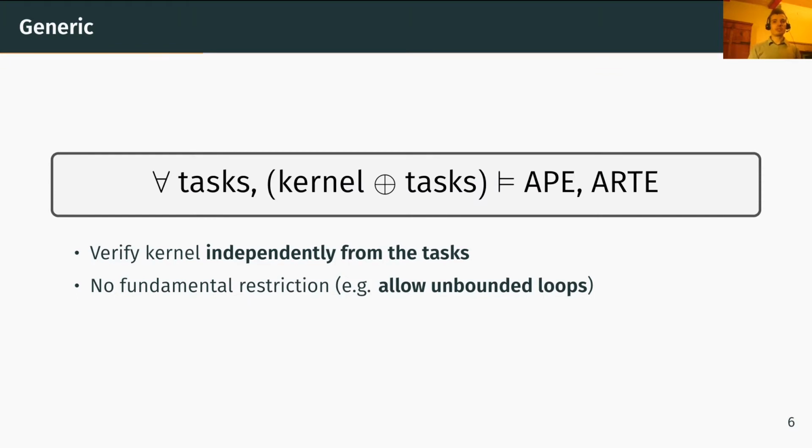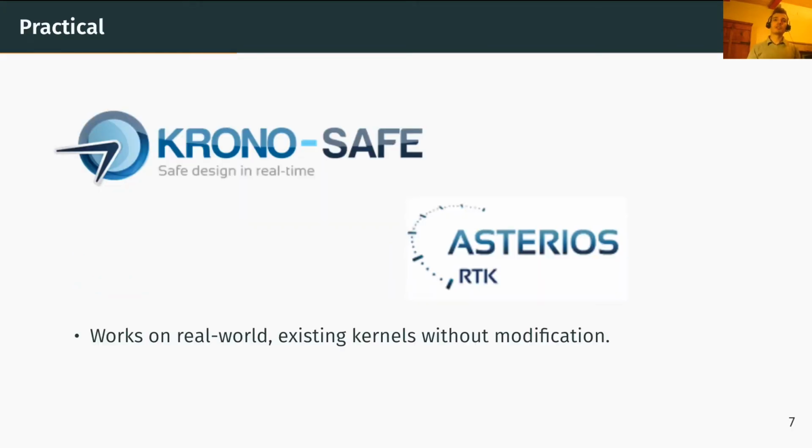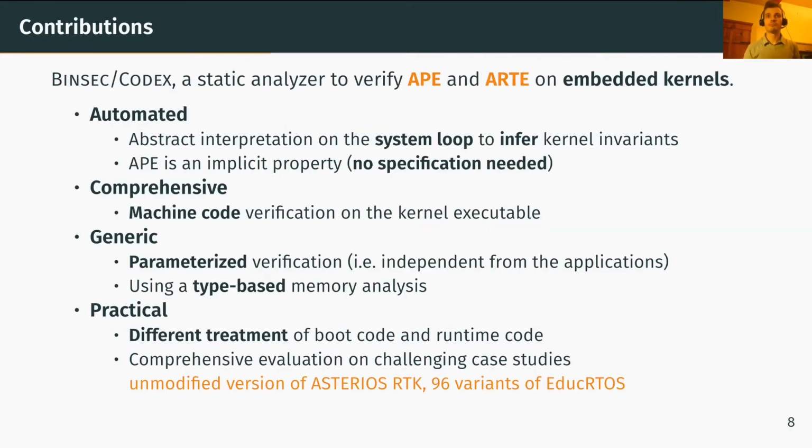It should be generic, that is independent from the tasks that run on the kernel, and we don't want to have fundamental restrictions on the kind of code that we support. For instance, we want to support unbounded loops that are necessary for priority scheduling. And finally, it should be practical in the sense that it should work on real-world existing kernels without modification.